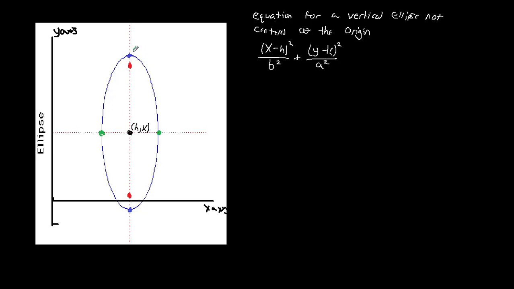Again, because we're a vertical ellipse, now we're talking about a in the y-coordinate of our vertex. So our y-coordinate is now not just going to be a, but it's going to be a, and then we also have to go up that amount, k. And then our x-coordinate, how far we have to go over, that's just going to be h.